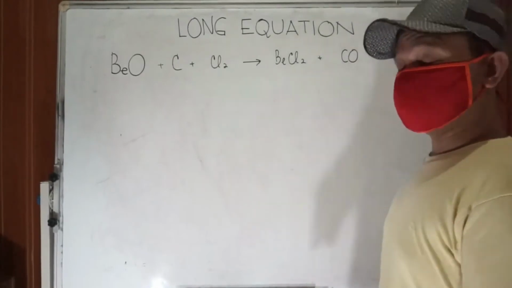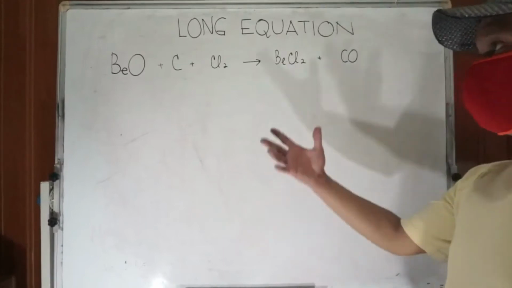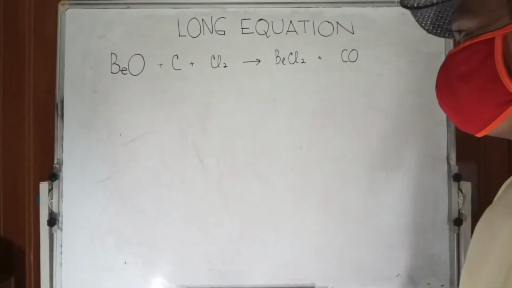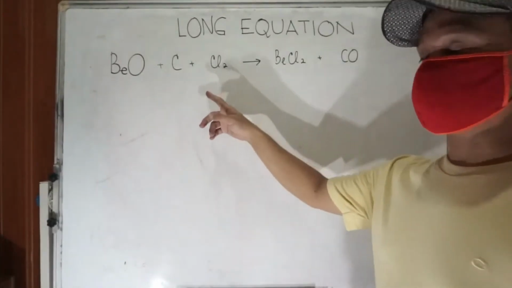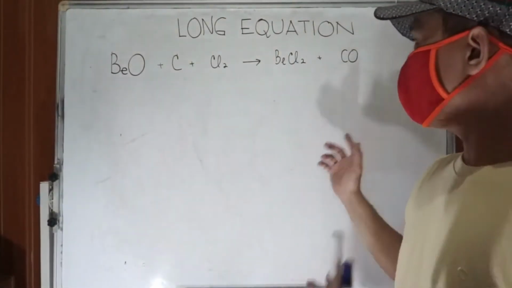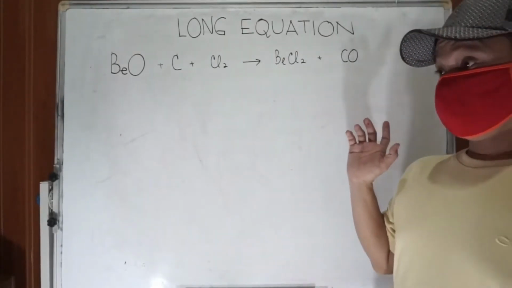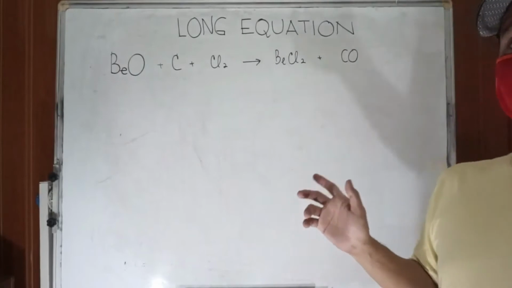Okay, students, we go to the next example, how to balance a long equation. Now I have another example: BeO plus carbon plus Cl2 yield BeCl2 plus carbon monoxide. I have 5 items here, so I say this is a long chemical equation.